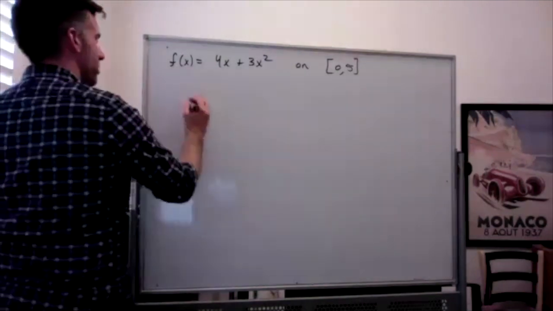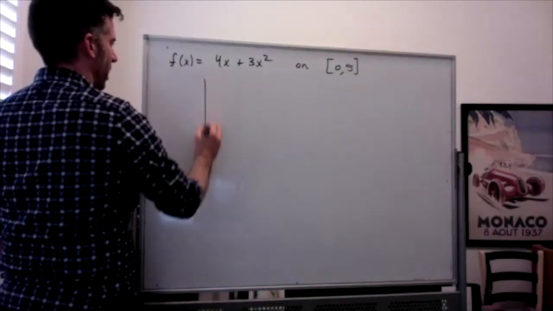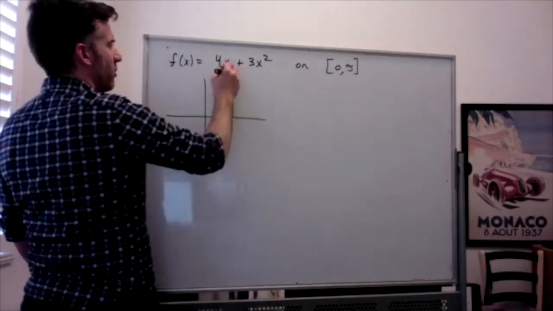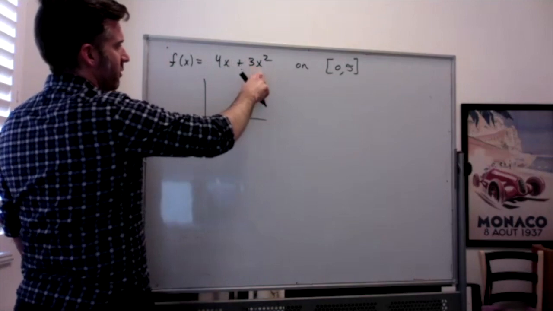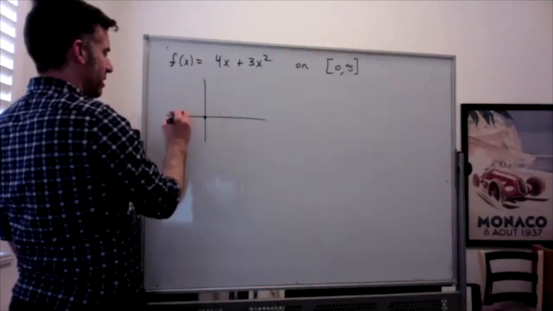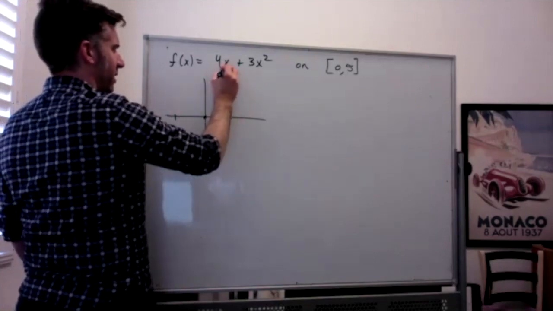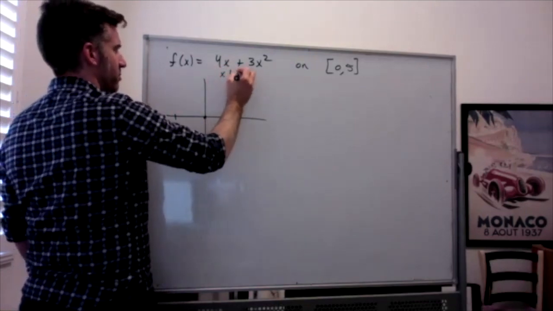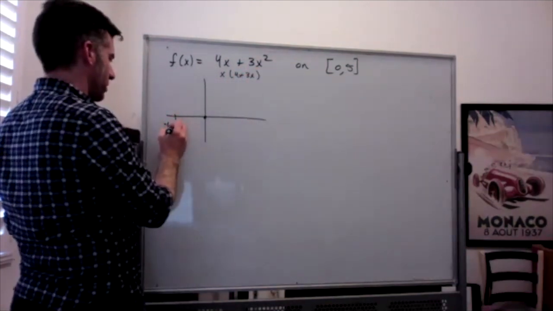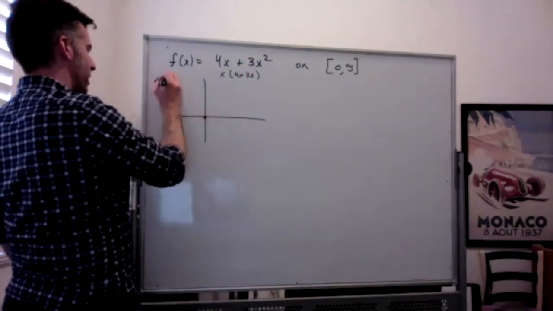This function, 4x plus 3x squared, has x-intercepts at 0 and -4/3, I think, right? Factor out an x. Yeah, -4/3 and 0. So it looks something like this.